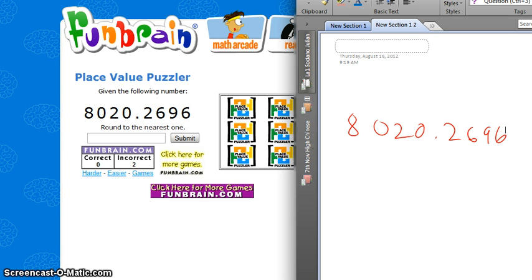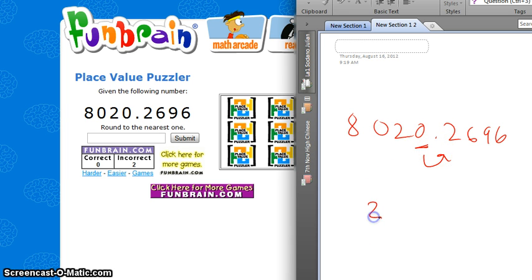Let's start here. 8,020.2696, and we're rounding to the nearest 1. Find your digit, look to the number to the right of it, and determine whether it is lower than 5 or 5 and greater.